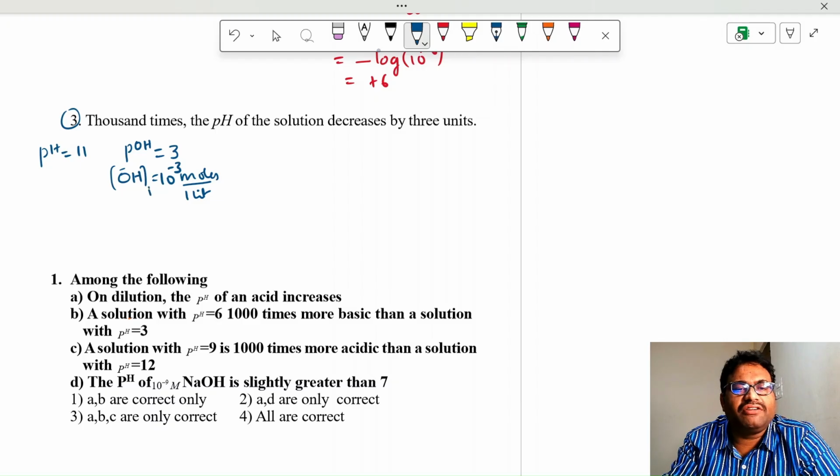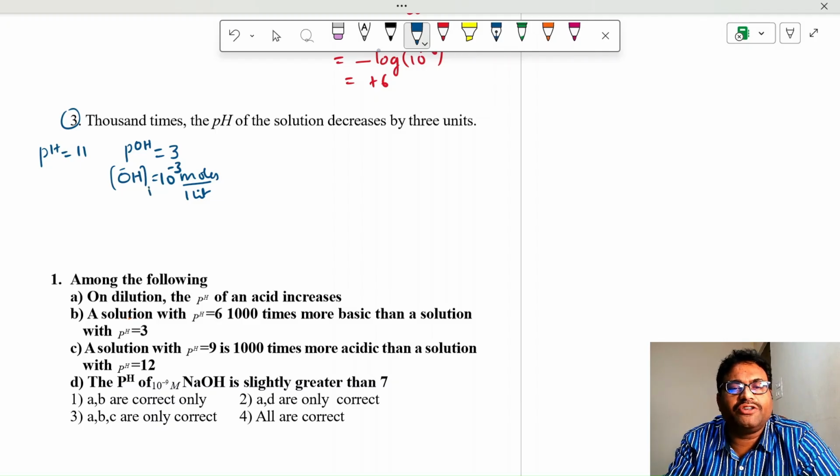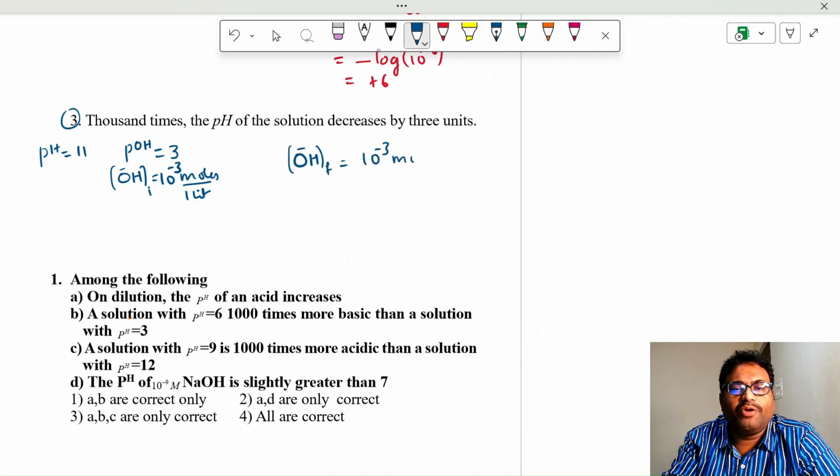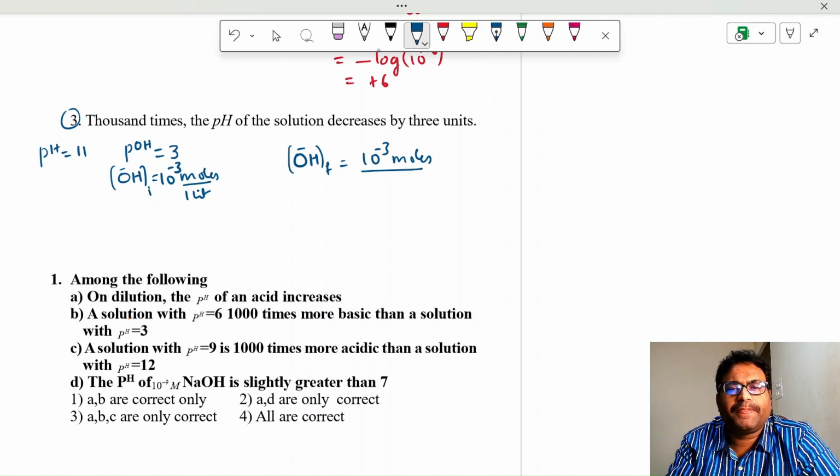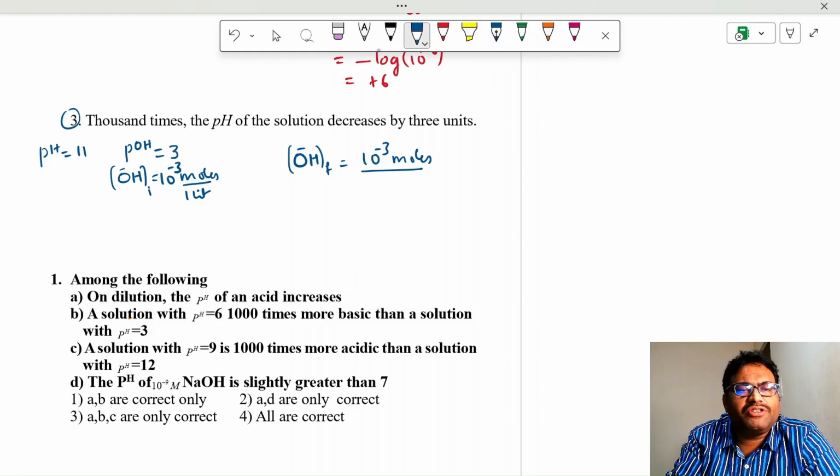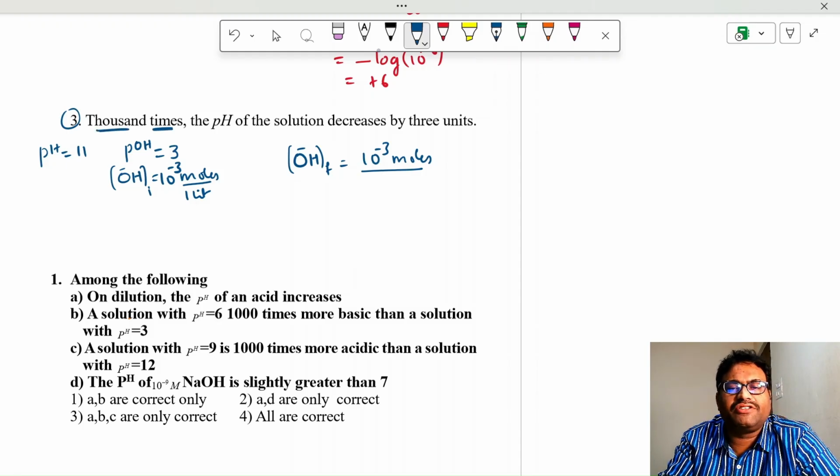So this is initial, before dilution. What is the OH minus ion concentration after dilution, final? 10 power minus 3 moles by, okay, how many times have you diluted it? 1000 times. So 1000 liters. Then what will this be? 10 power minus 6 moles per liter.